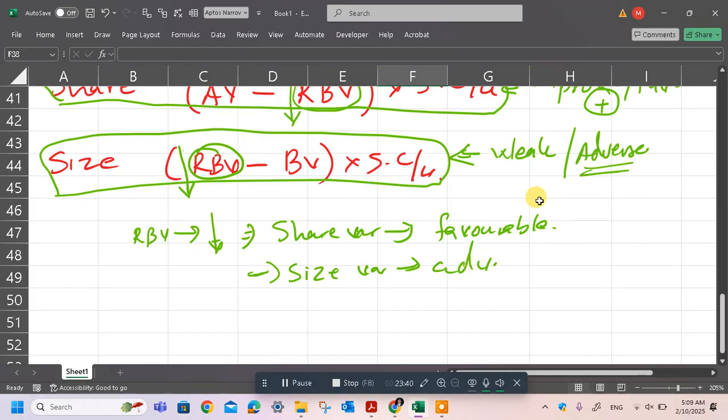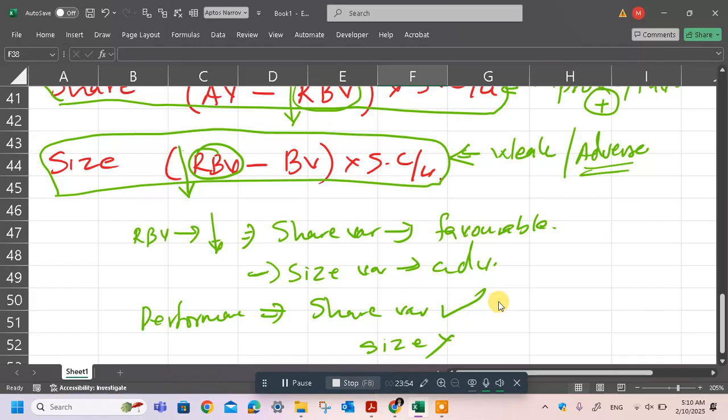First explain this. Then you have to explain the performance of the manager is based on share variances only, not the size variance, because that is external factors. We don't include size variance in the performance of sales director. So, size variance will be excluded.